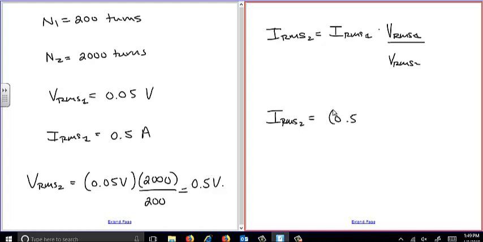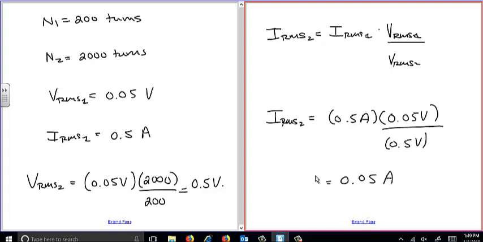So we have 0.5 amps times V RMS 1, which is 0.05 volts, divided by V RMS 2, which is 0.5 volts. So the voltage increased by a factor of 10, and this decreases the current by a factor of 10. So you get 0.05 amps. Okay, so that's how transformers work. Okay, that is chapter 21.